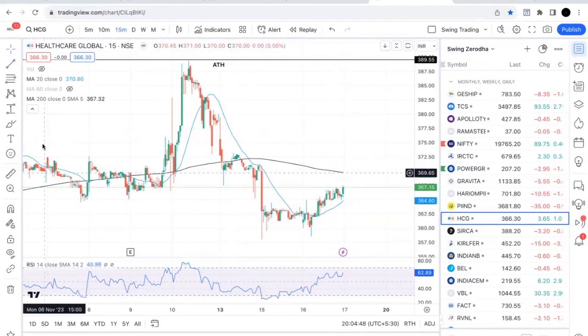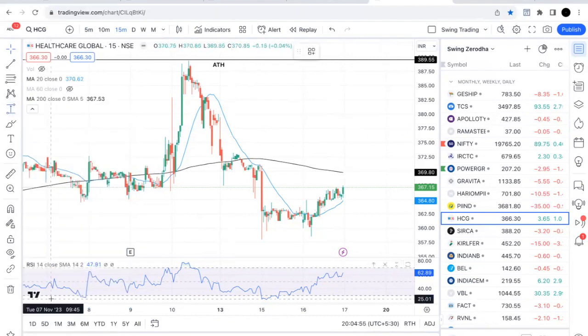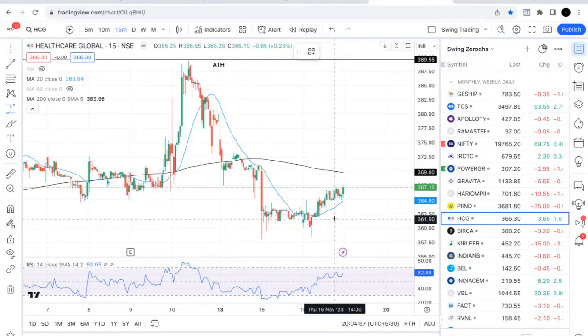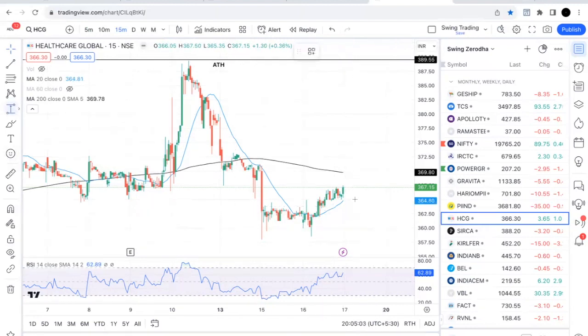Okay, and then the exit. I'm using the 1%. What I often do now with Zerodha is nice: you can set the exit right when you buy. But in other apps, you don't have that option. So what you can do is take this tool and measure 1% like this.